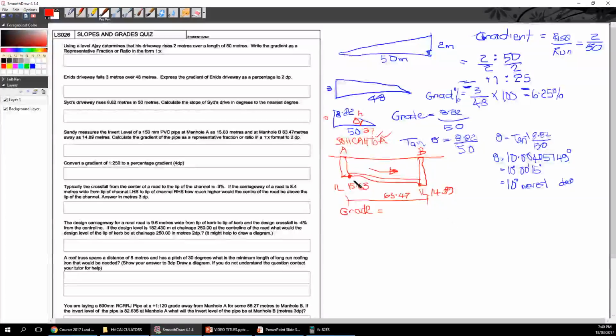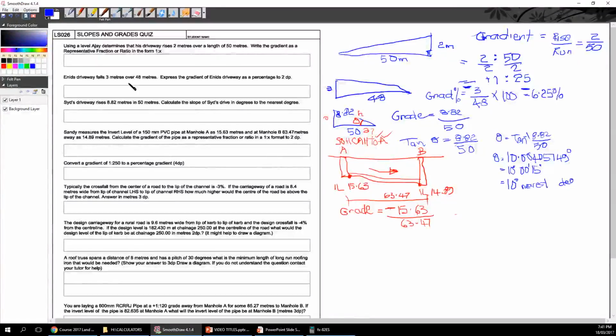Now the rise or the fall, the rise in this case is falling, is negative .63 over 63.47.